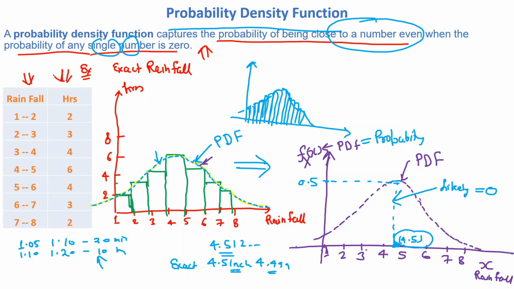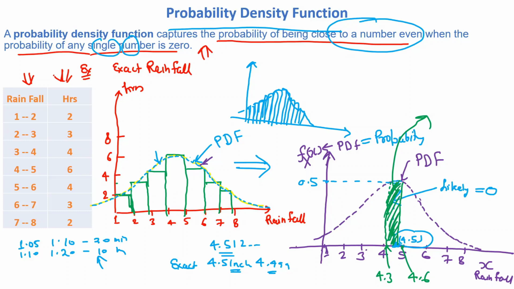If we want to measure the probability of being close to a number, like this particular portion, we can say that this is your 4.3, and this portion is 4.6. If we want to measure the probability between these two values, 4.3 to 4.6, we can measure that. So how do we measure that? You can see this seems like some area.